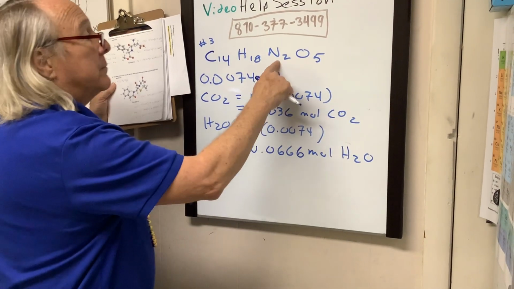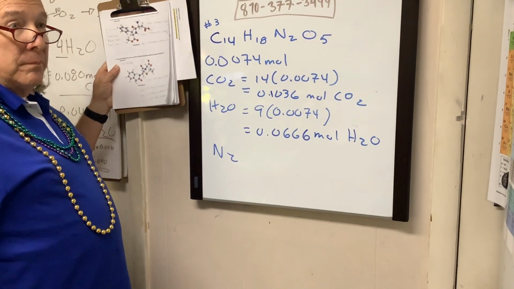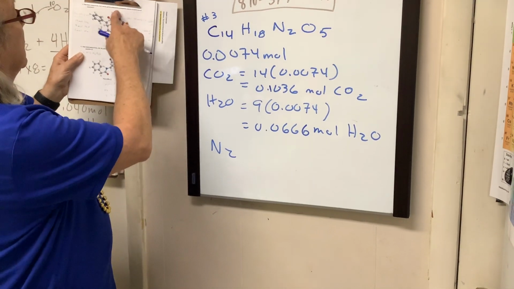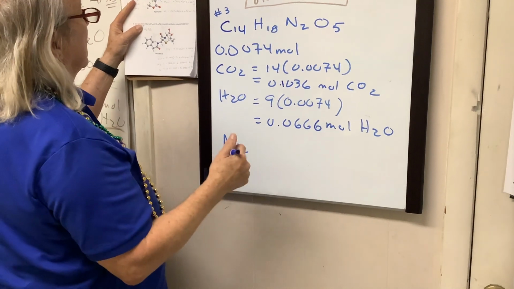So for every mole of aspartame, I make 1 mole of N2, because there's 2 nitrogen atoms in that structure. They're the blue ones if you print your problem out or look on the screen in color.